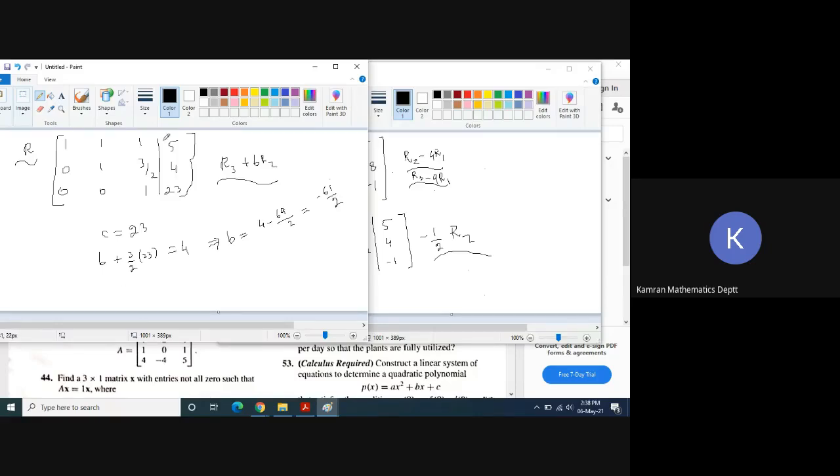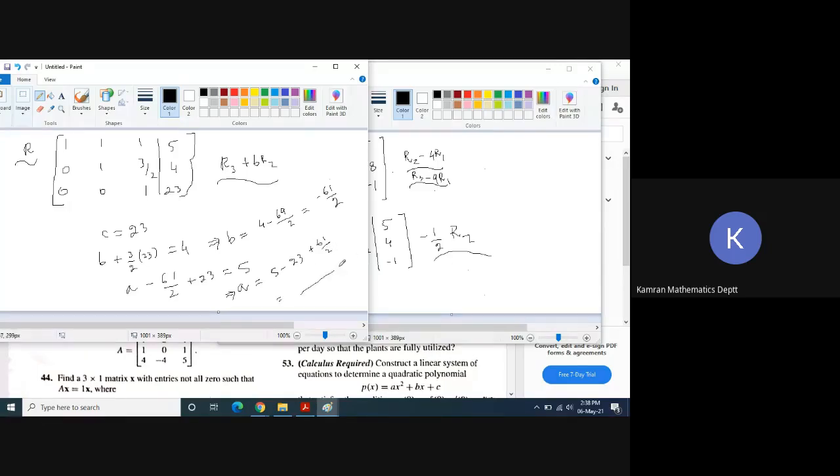And from here A plus B plus C is equal to 5. Simplify this, you will get A. So minus 61 by 2. This implies that A is equal to 5 minus 23 plus 61 by 2.